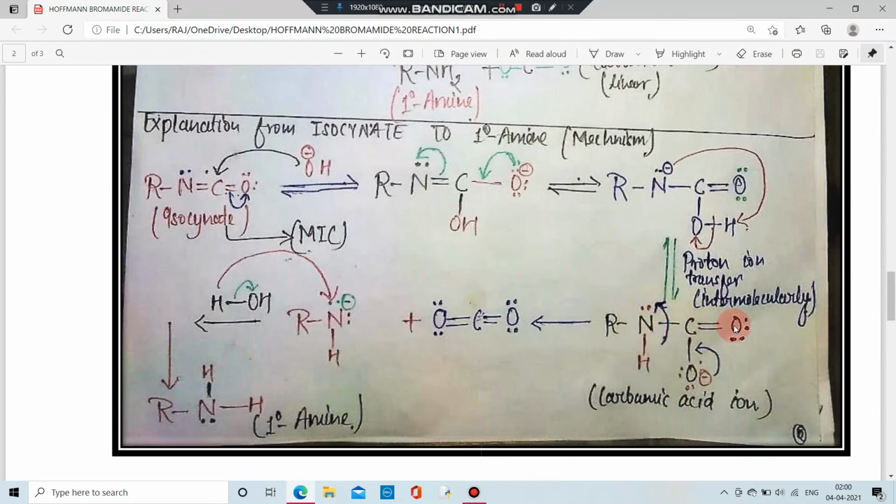Now the negative charge is going to shift as a pi bond, but during that time the valency of carbon becomes 5, which makes it unstable. So the N-C bond is going to break, and we are going to get R N minus H as one product, and CO2 as a byproduct.